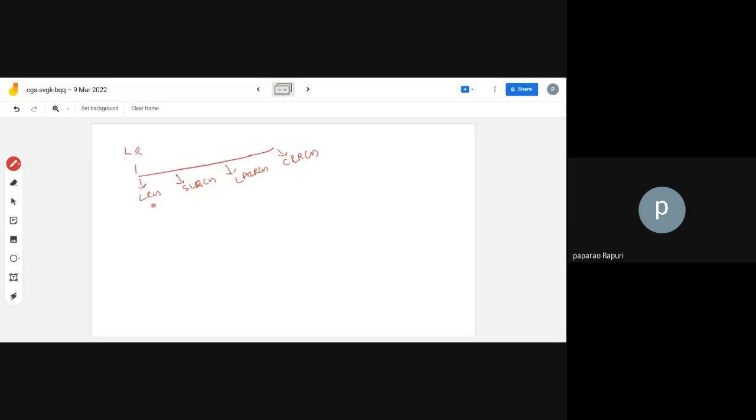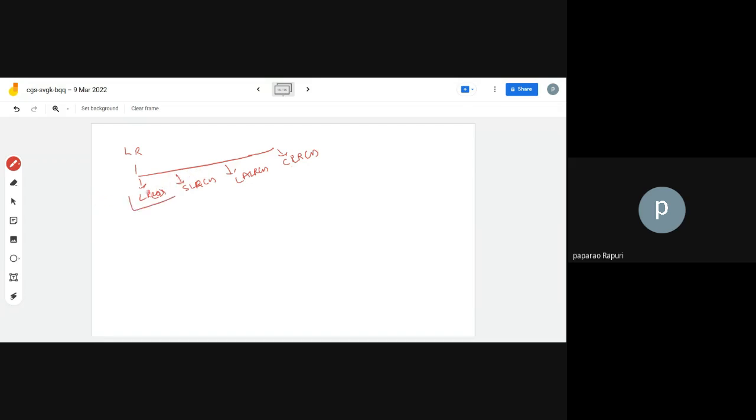So the parse table is different for LR0, SLR1, LALR1 and CLR1. So the construction of the parse table has some slight difference. So I will explain to you for every algorithm how to construct the parse table.